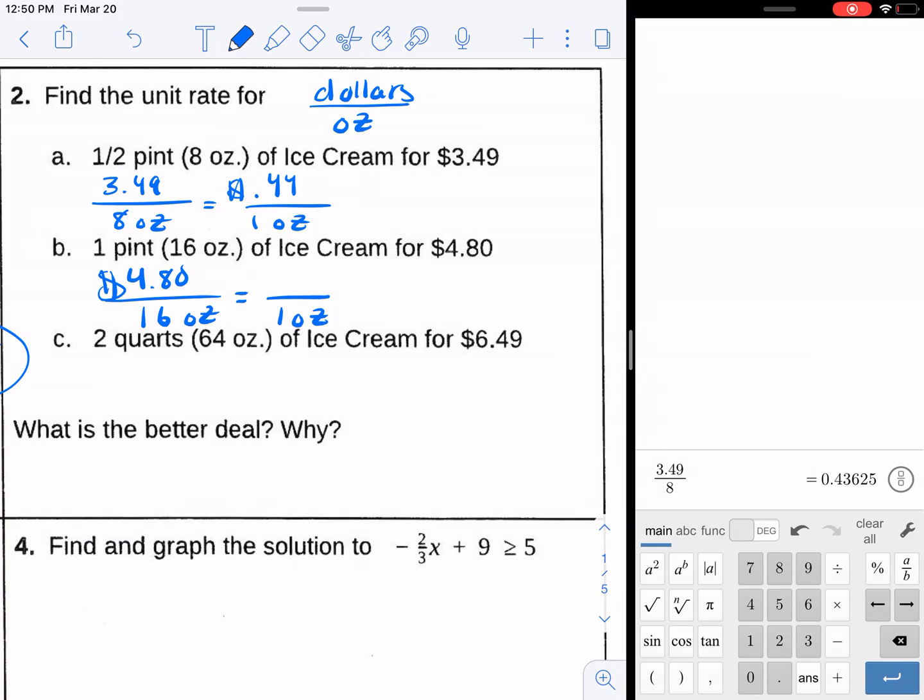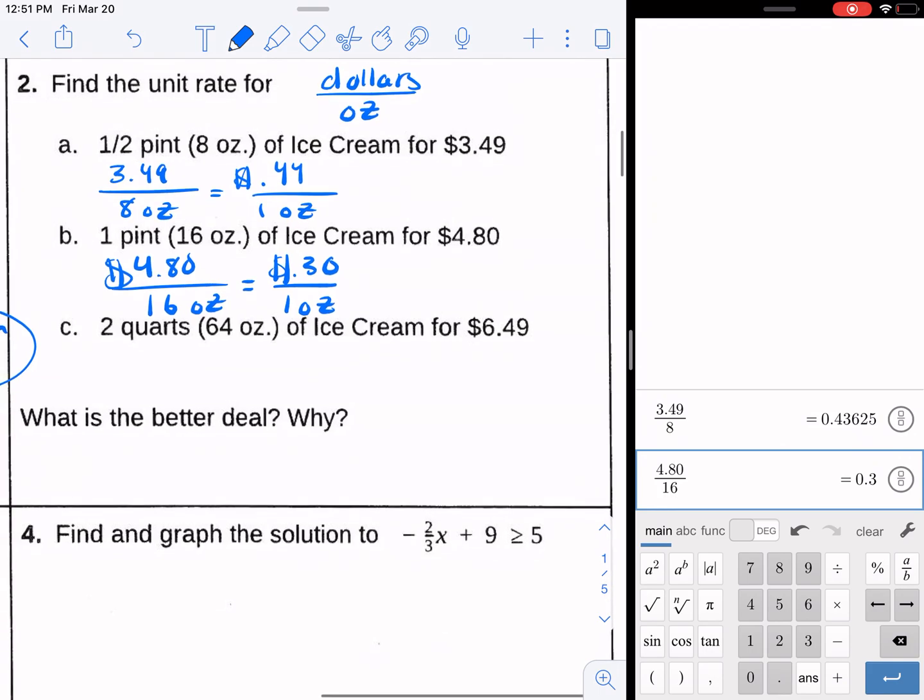And then, well, let's see. We have $4.18 divided by 16 ounces. And you get 0.3. So translate that to money. And it's going to be 0.30, 30 cents per ounce.